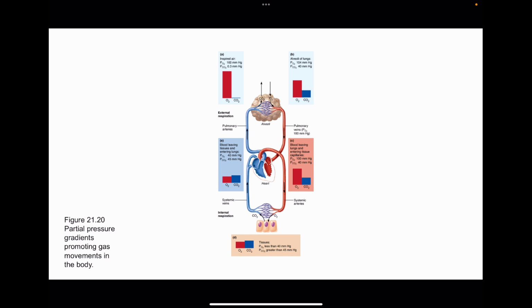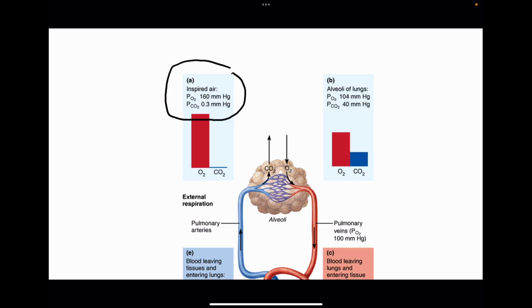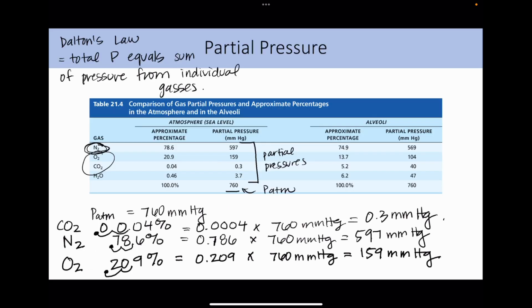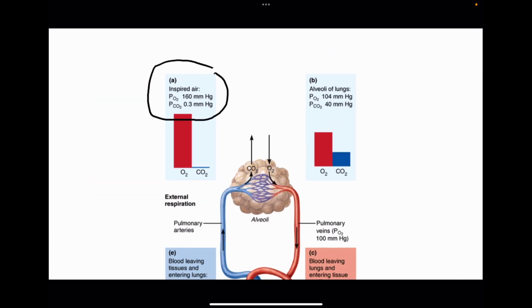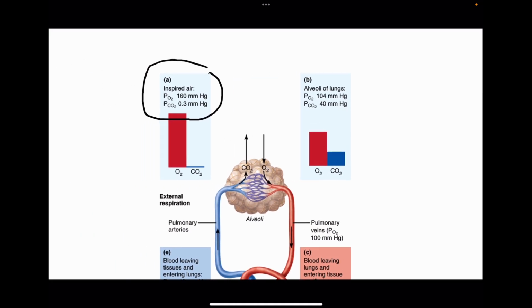So these are numbers you do have to memorize. You have to memorize this entire chart. But your inspired air, so the air that you breathe in from the atmosphere, we just calculated it over here, the 159, it's just rounded to 160. Of the air that you bring in from the atmosphere, the partial pressure of oxygen in that air is 160 millimeters of mercury.